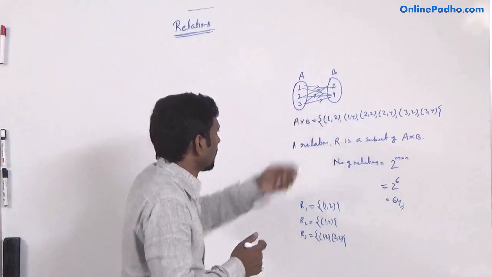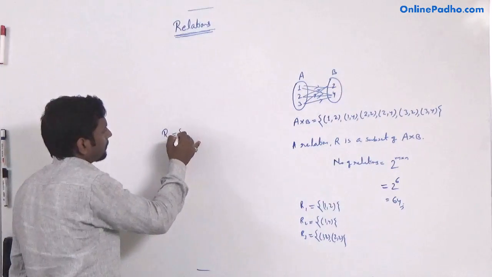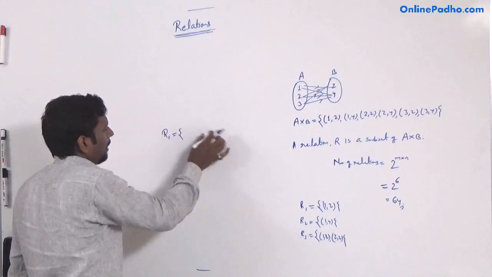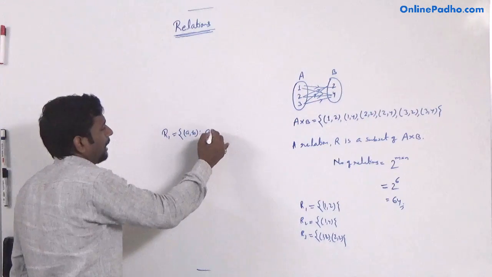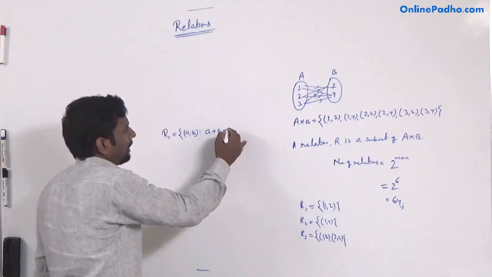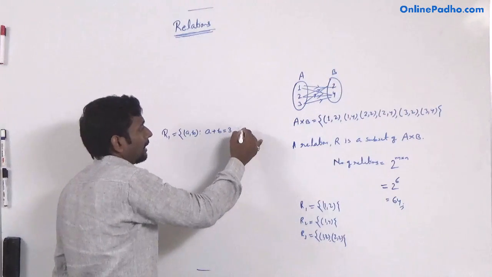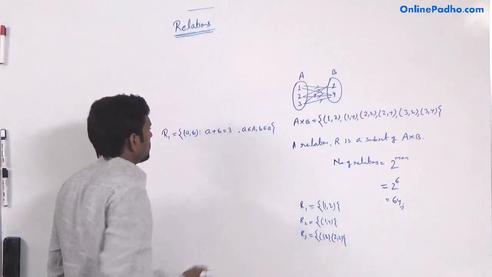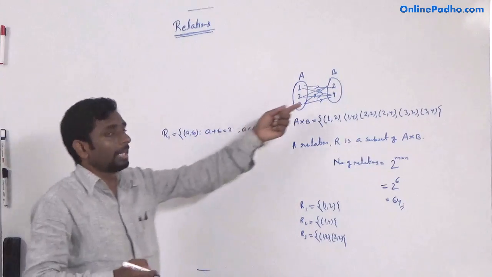Let us see in this example, if we write a relation R1 as the set of (a, b), an ordered pair, in which a plus b is equal to 3, such that a belongs to set A and b belongs to set B. This is the set builder form of a relation from this Cartesian product.